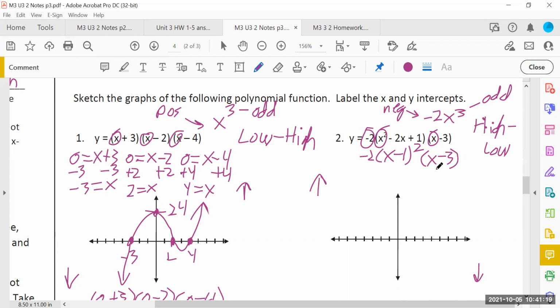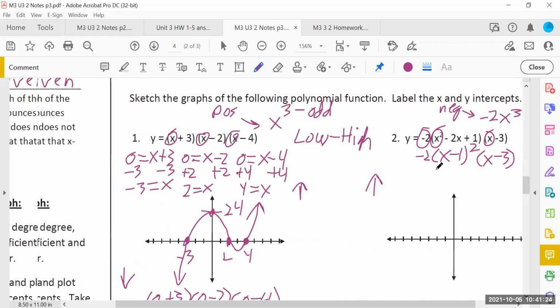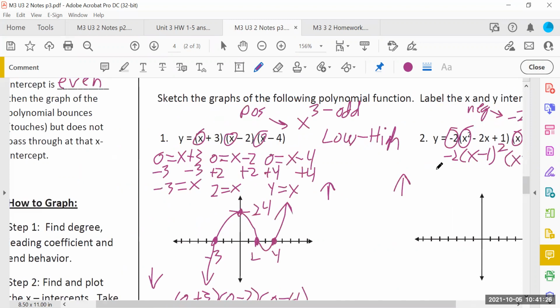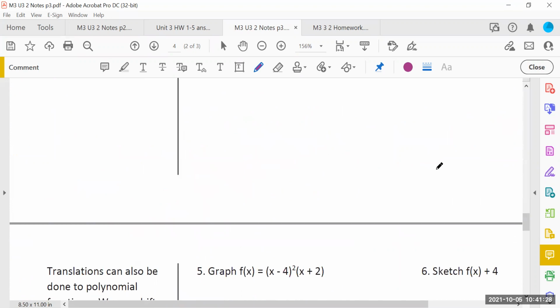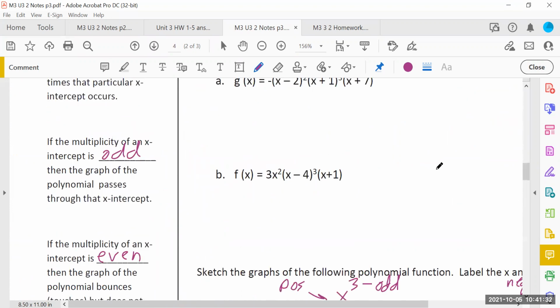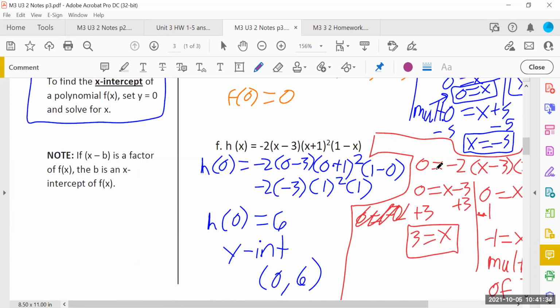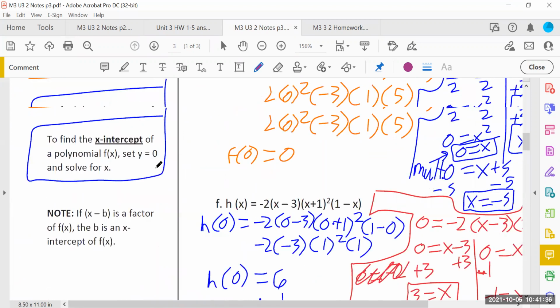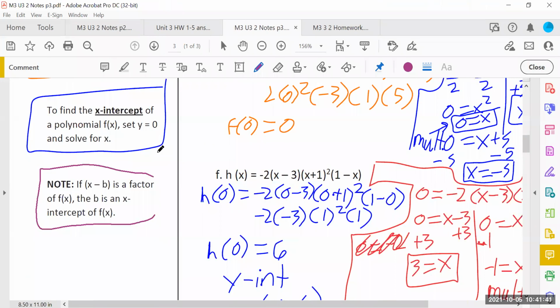Now I have a little note for you over on the side. If you want to be a little bit faster with finding your x-intercepts, I thought I had a little reminder about that, there it is, right here. That's on the previous page. If x minus b is a factor, then b is your x-intercept, the opposite.